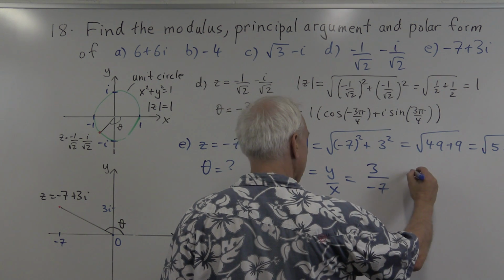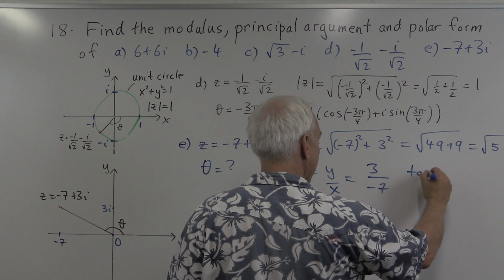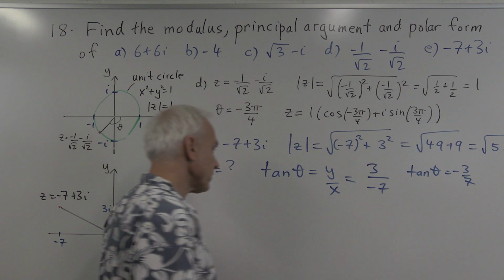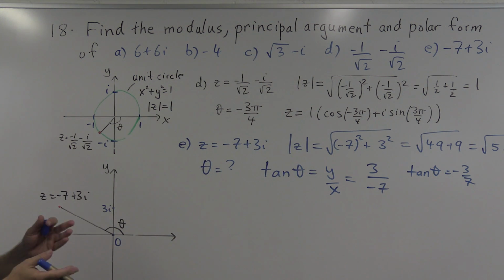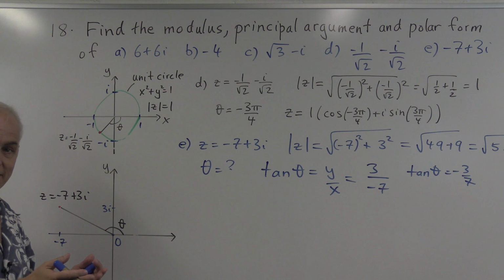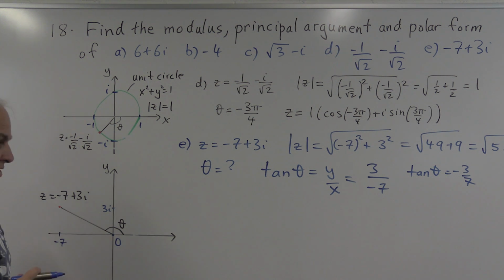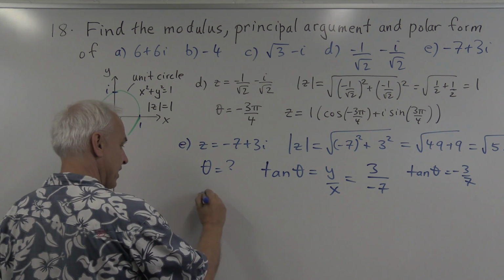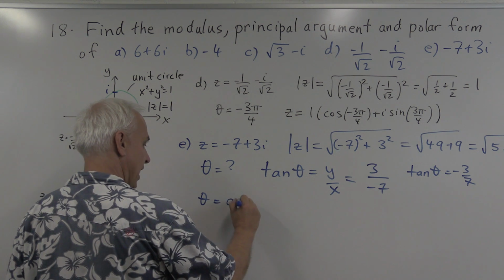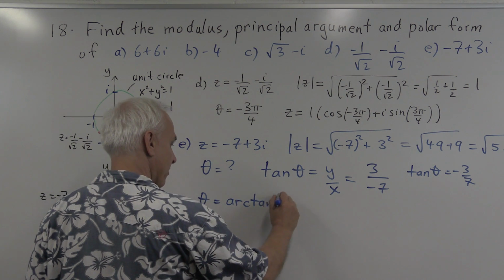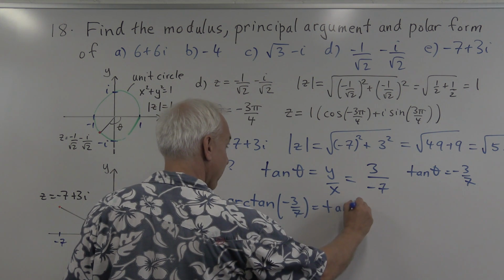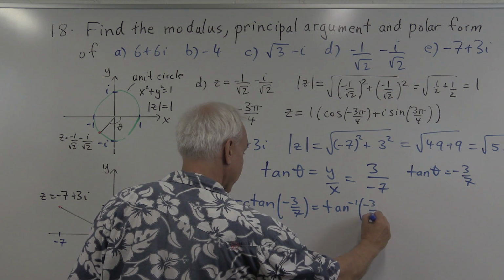So we're getting that tan theta is minus 3/7. All right, so we need to invert that, use an inverse trigonometric function. But we have to be a little bit careful because of the particular position of this. So we'd like to say that theta equals arctan of minus 3/7, or alternatively tan inverse of minus 3/7.